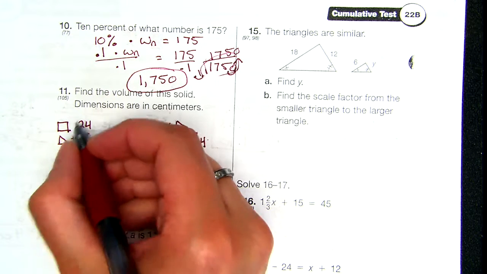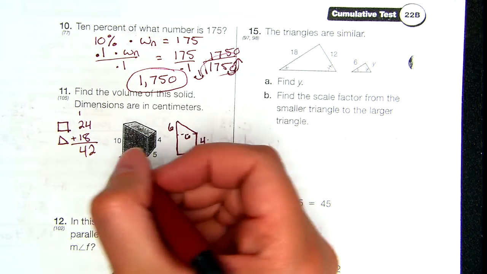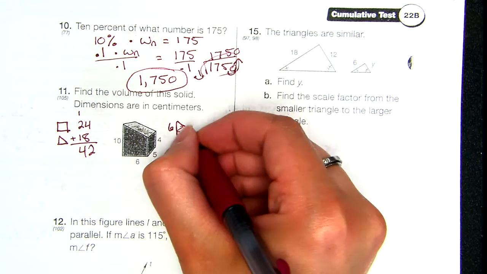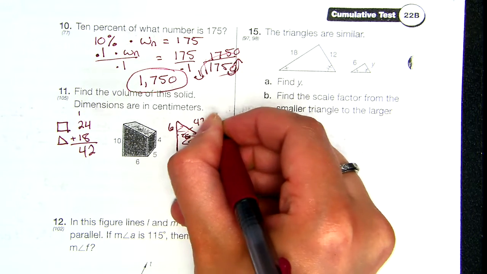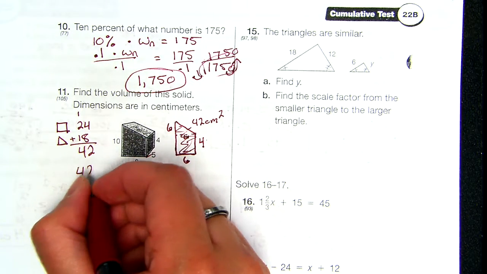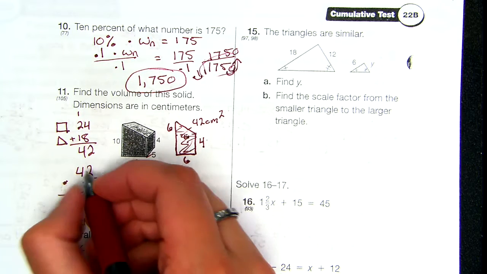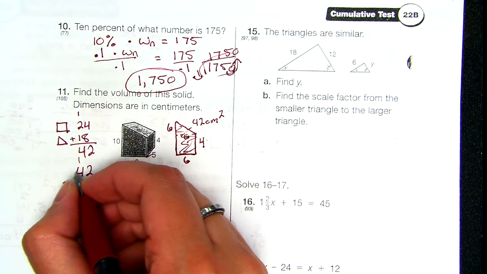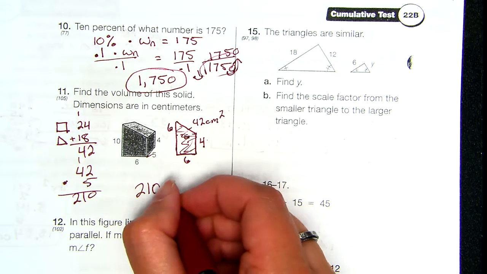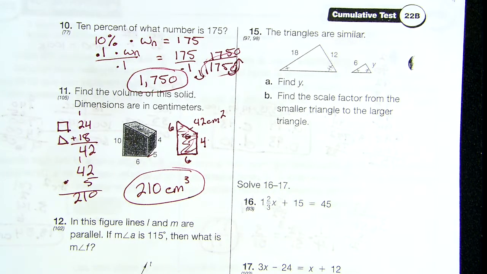Right, the area of the whole base. So 24 plus 18 is 42. Okay, so I know the area of this whole shape is 42 centimeters squared. Now I can multiply by 5 and get the whole thing. So if I have my area of base, multiply by 5, that's 210. So I get 210 centimeters cubed.